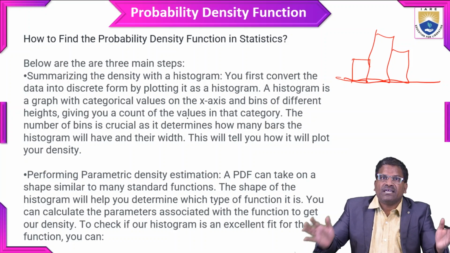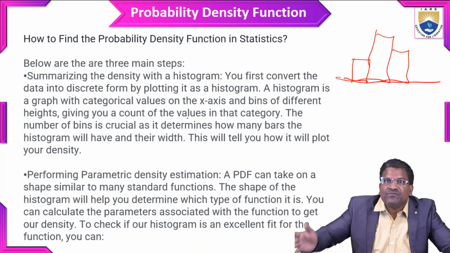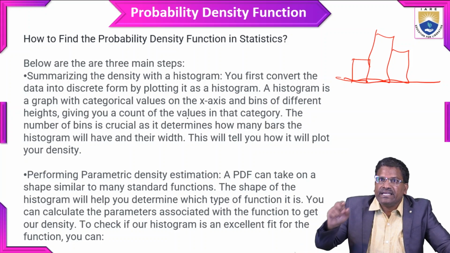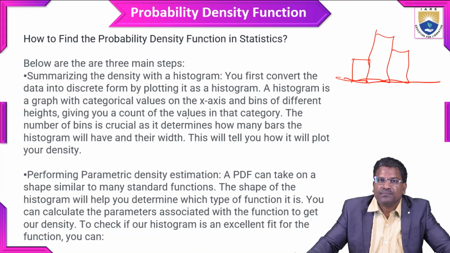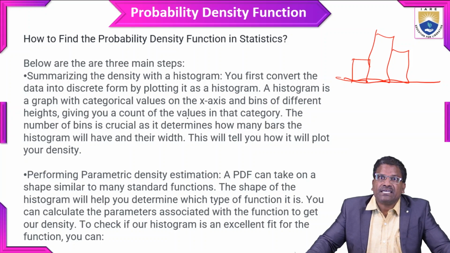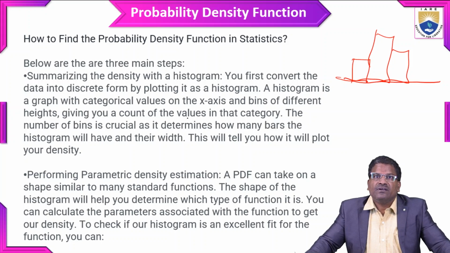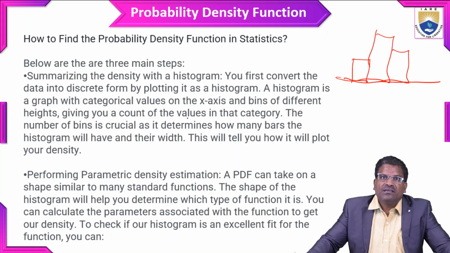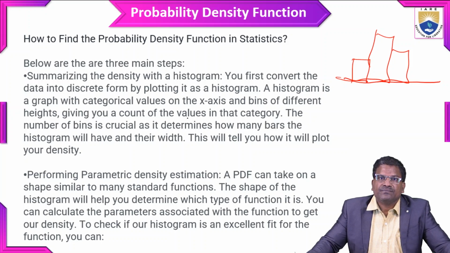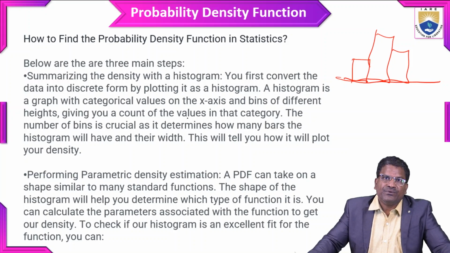For that, first convert the data. Whatever data is given, you just convert into discrete, numerical form by plotting it as a histogram as shown there. A histogram is a graph with categorical values on the x-axis and bins of different heights, the heights giving you a count of the values in that category.